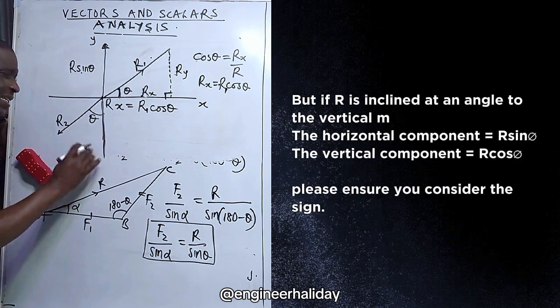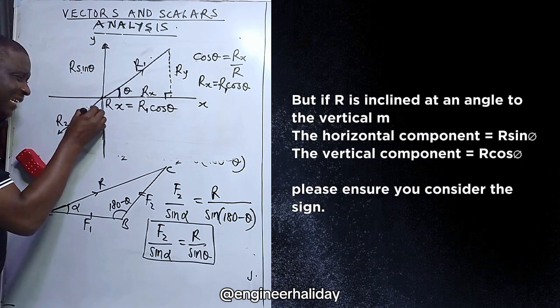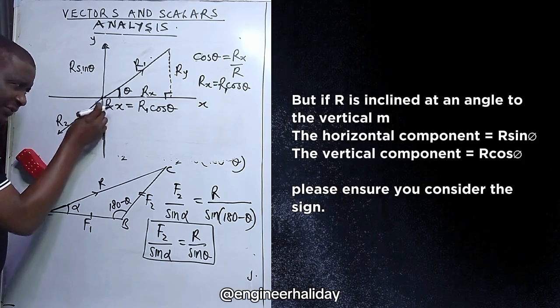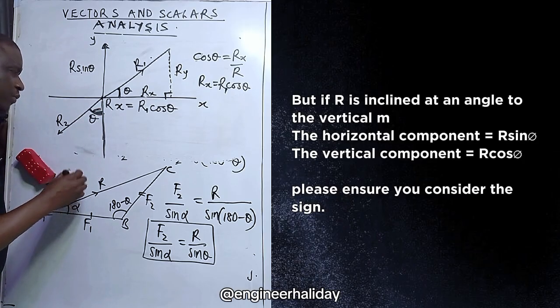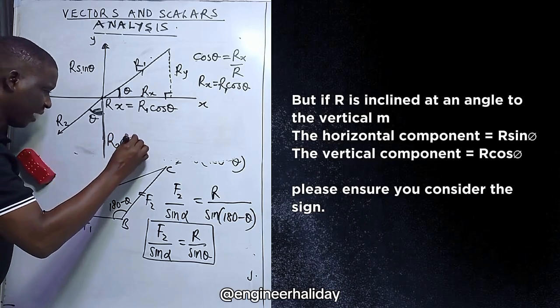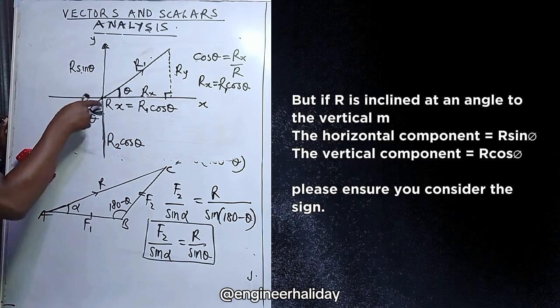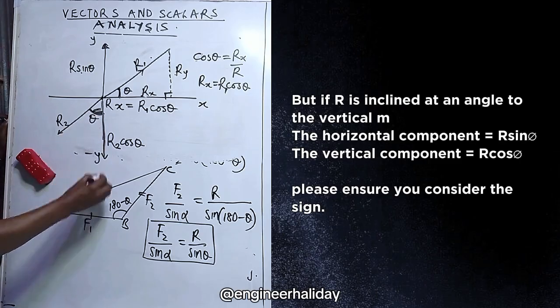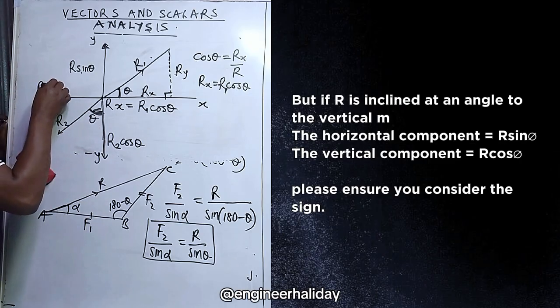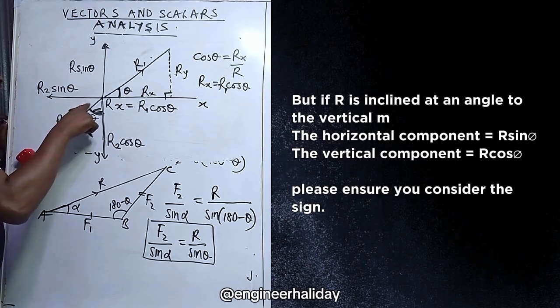Don't forget, the angle is closing up on the vertical. What we do? We say here will be R2 cos theta. But don't forget to put the sign, because this is the negative y-axis. While here will be R2 sin theta. Why? Because here is open.